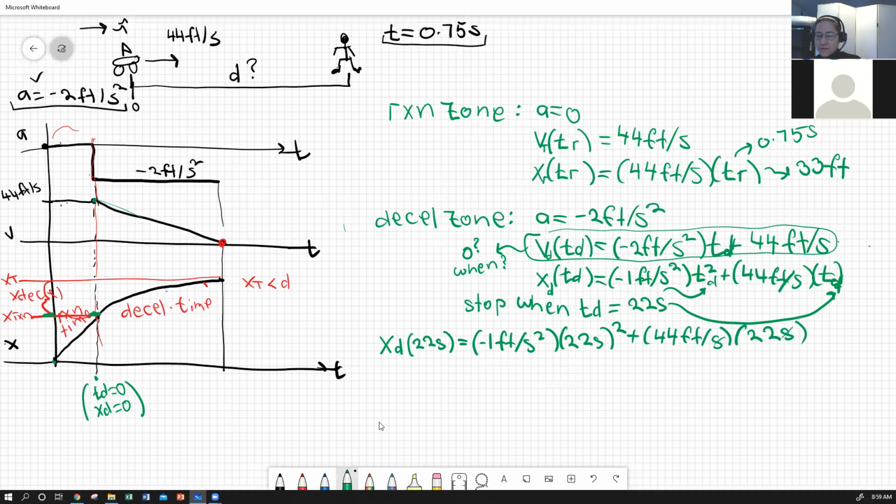Quick unit check: seconds cancel, gives me feet. Seconds will square here and cancel. So I'm going to get a distance in feet. Never neglect those unit checks.